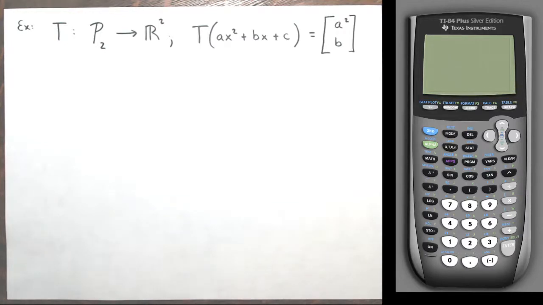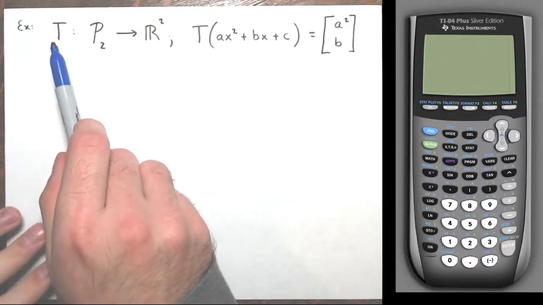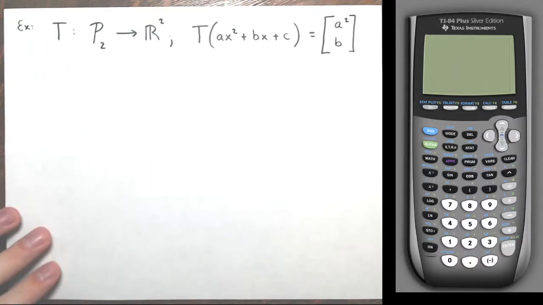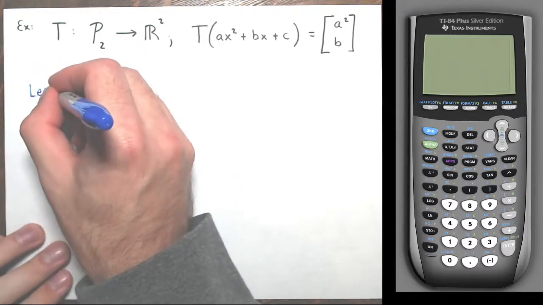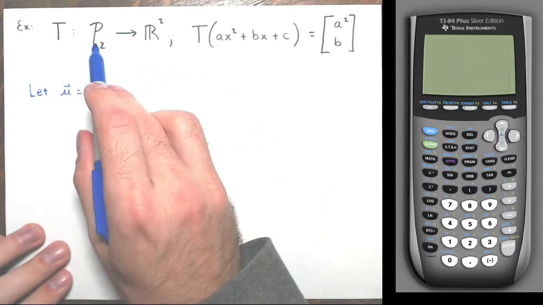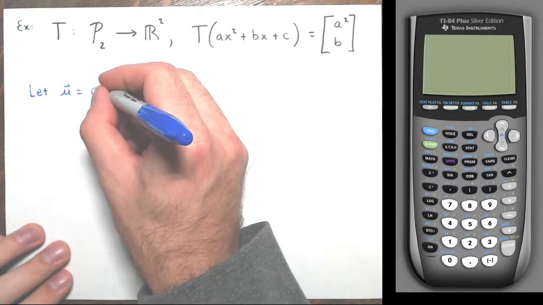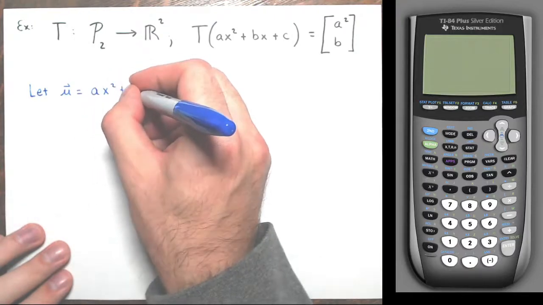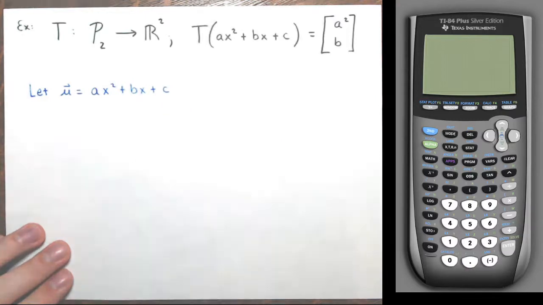All right, so again, we're trying to determine if T is one-to-one or not. So I'm going to take two vectors. I'll let u be one generic vector from P2, ax squared plus bx plus c, what every vector in P2 looks like, some polynomial of degree 2 or less.